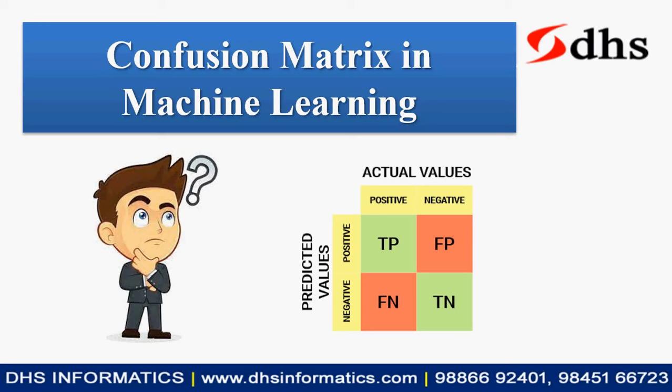How much accuracy it is having. To find out that accuracy, we need this confusion matrix. It will be used in machine learning as well as deep learning. In classification projects it will come. It will not come for prediction projects.